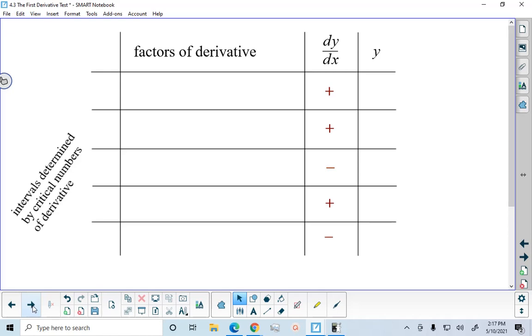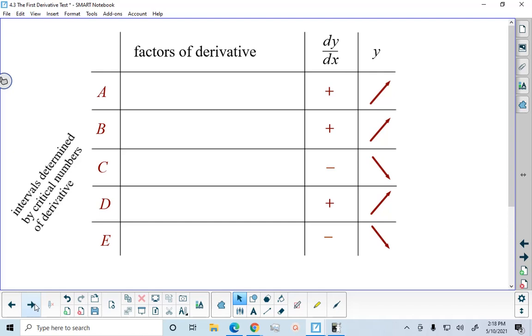Well, that tells you something about the function. It tells you the function is increasing because the derivative's positive, then it's continuing to increase, and then it decreases over this interval, increases in this interval, and decreases in that interval. Well, let's just call these intervals something so I can refer to them.